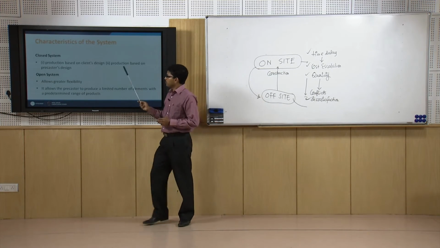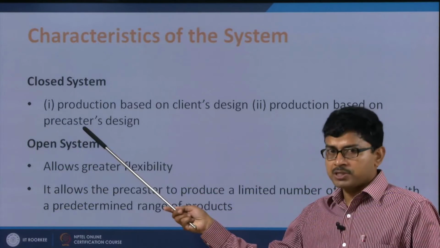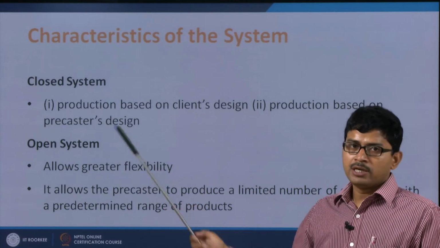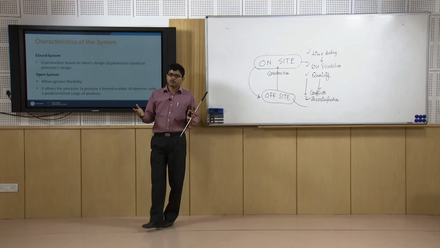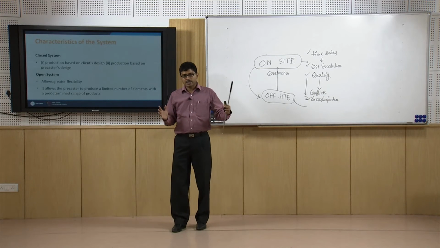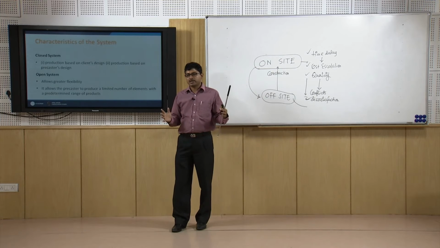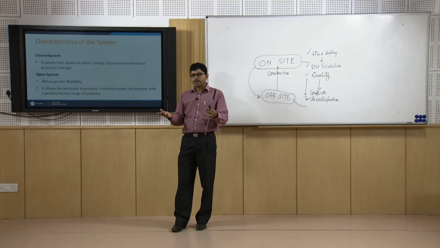It can also be based on the precaster's or producer's design. Sometimes the developer or producer or precaster can design a product, construct and manufacture and supply to the market, and based on the market situation people can buy directly.